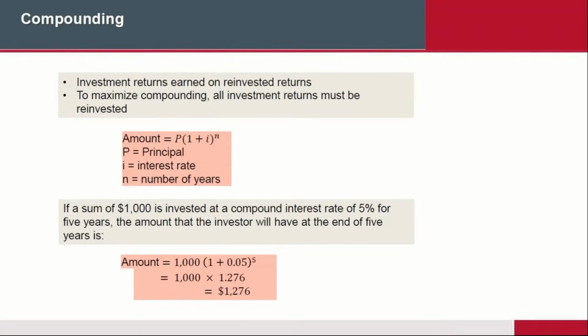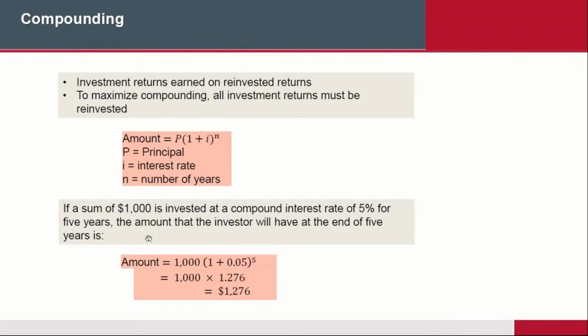In other words, the interest of December 31st becomes principal, or capital, on January 1st. That's how compound interest actually works. The formula to remember is: the amount of money you end up with equals the principal times (1 plus i) to the power of n, where i is the interest rate and n is the number of years it's going to compound.